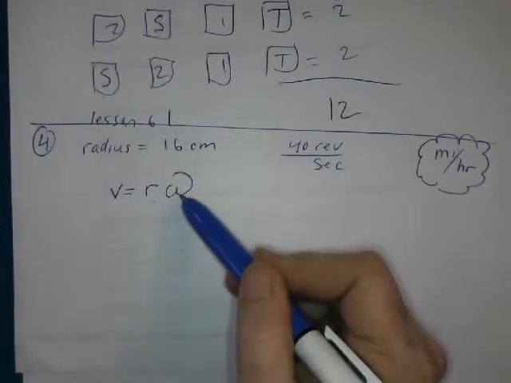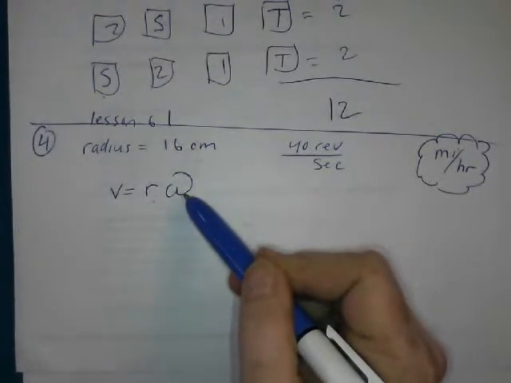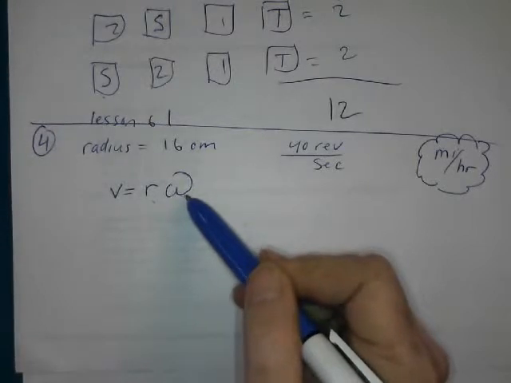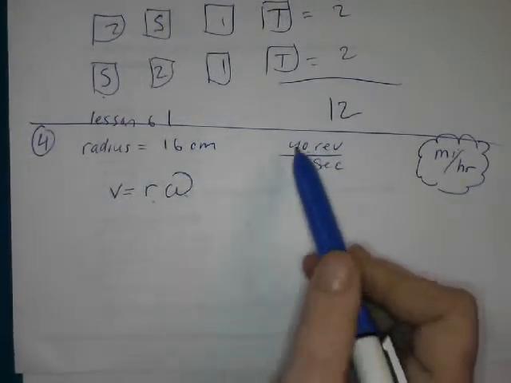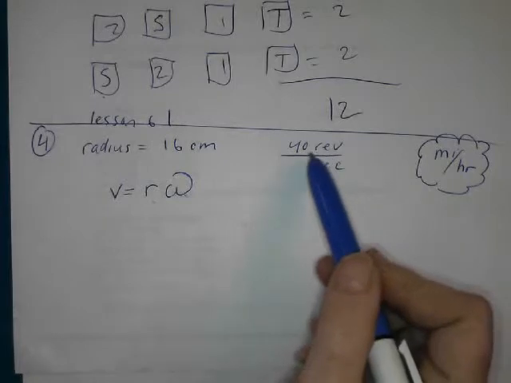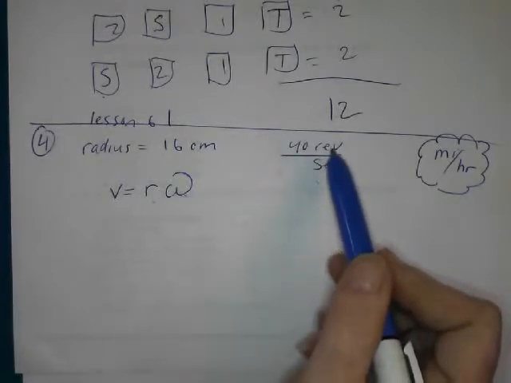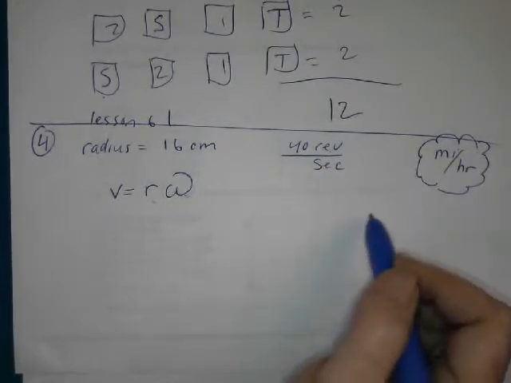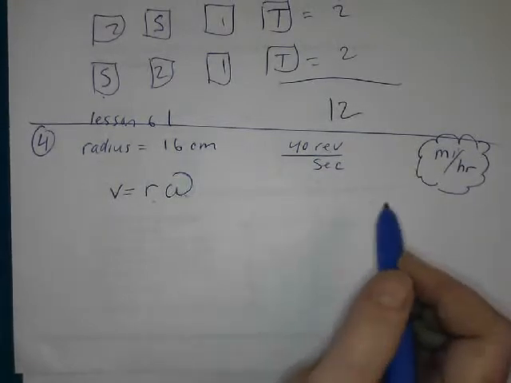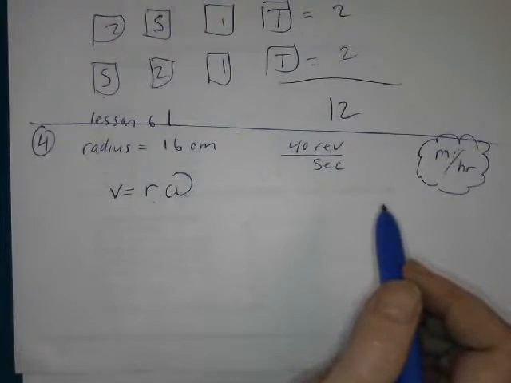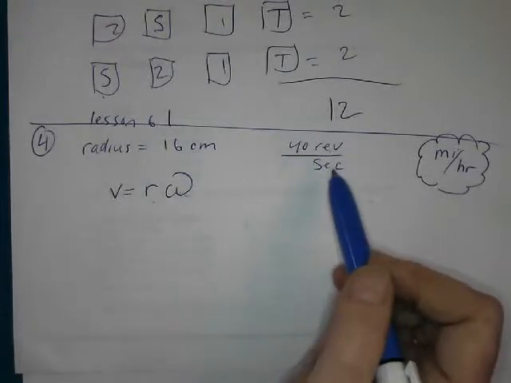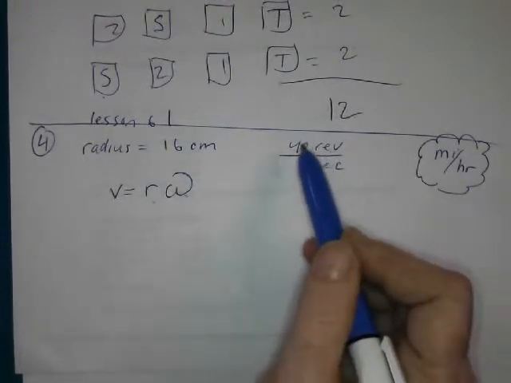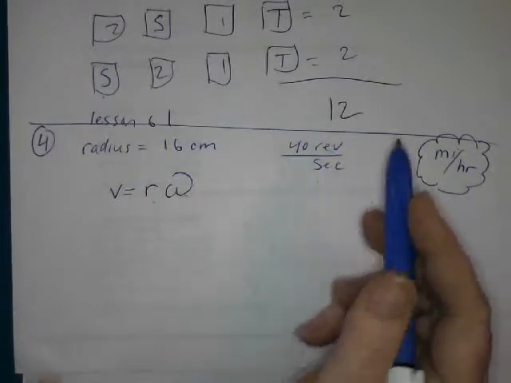And this is radians per unit time, I think. We don't have radians per unit time right here, but can't you add radians? Yes. What's one revolution as far as radians go? 2 pi, right?